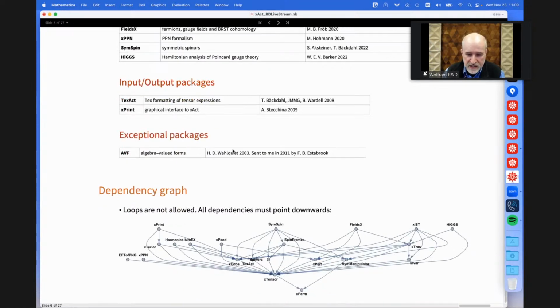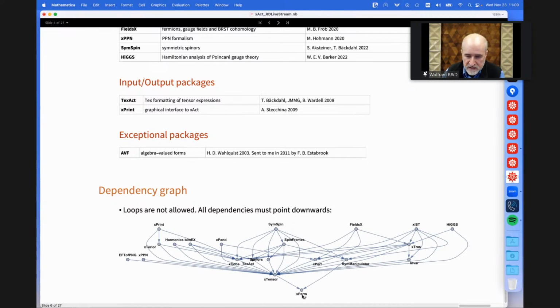As I was saying, the structure of packages is hierarchical, and the way we organize this is by looking at this complicated graph. You don't have to actually pay attention to the individual lines, but the important thing to realize here is that all these dependencies are vertical. This is the way in which we avoid loops.